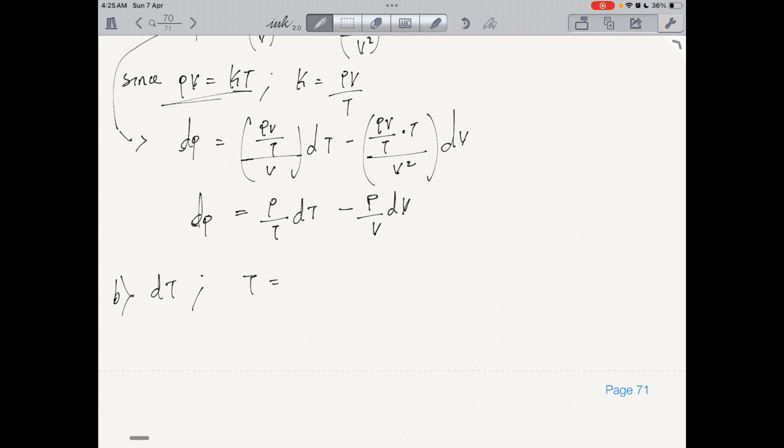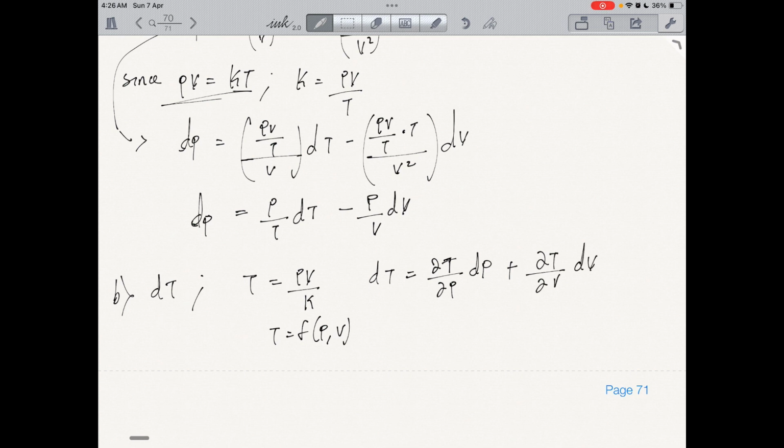T is equal to PV over K. Now with that done, we can write a differential of dT because T is a function of both P and V. So dT will be ∂T/∂P multiplied by dP plus ∂T/∂V multiplied by dV.